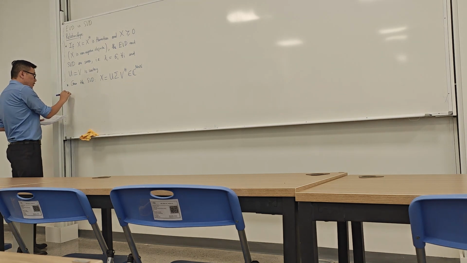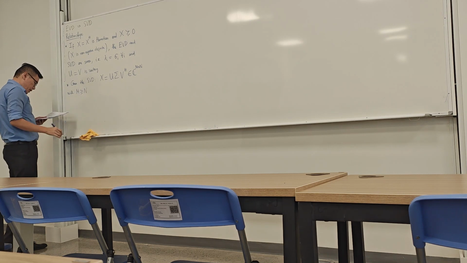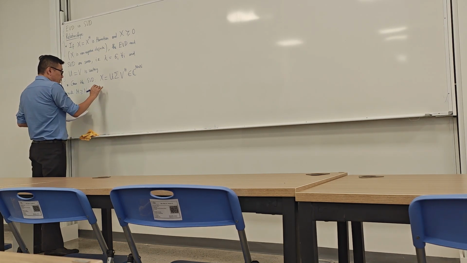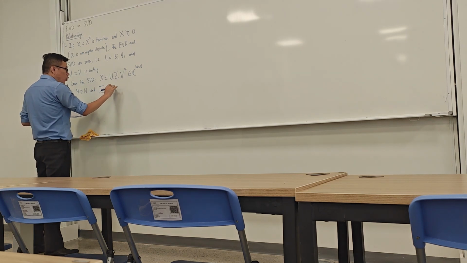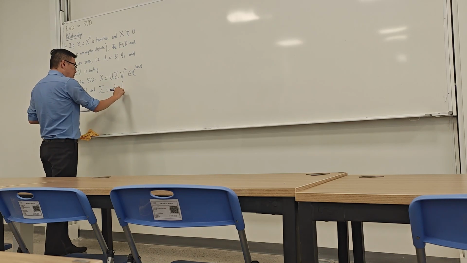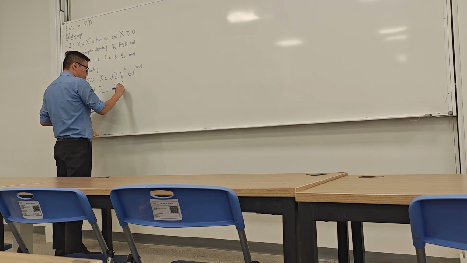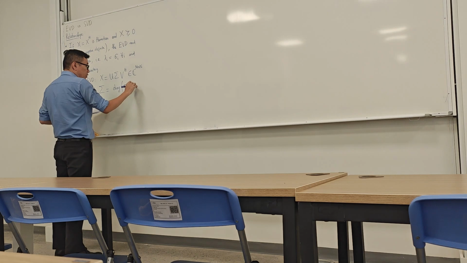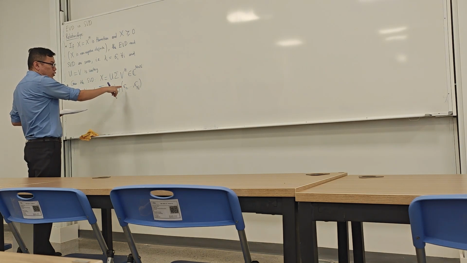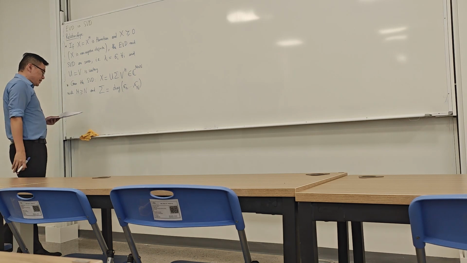Here we suppose that m is greater than or equal to n. And sigma is a diagonal matrix whose diagonal entries are sigma 1, and so on, sigma n. Diagonal matrix means that the entries on the diagonal are sigma 1, sigma 2, and so on, sigma n. All other entries are 0.